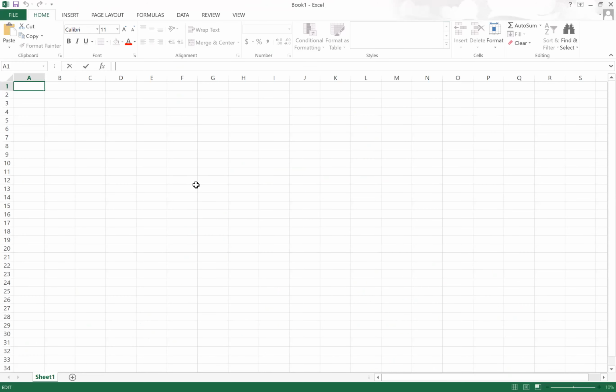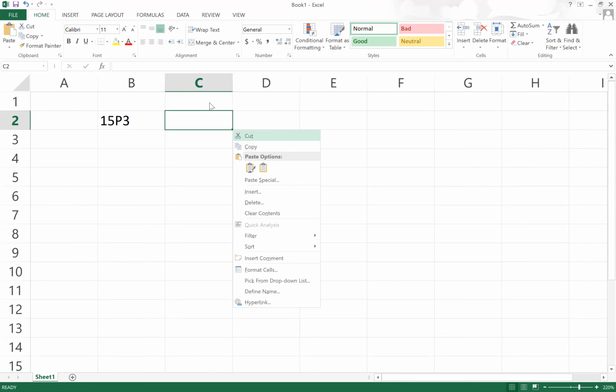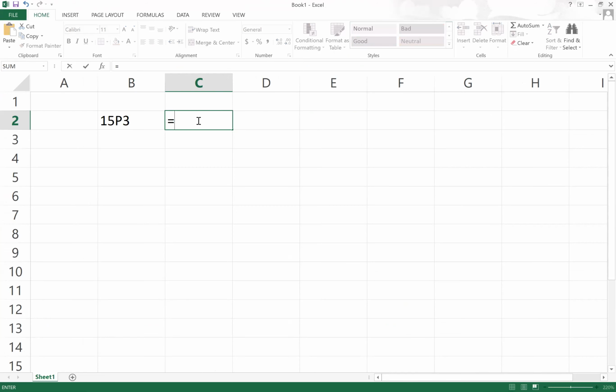Okay, so computation first. So we do 15P3, right? First. So it's a permutation. So you put an equal sign here and put PERMUT. And the total amount of numbers is 15, we're picking 3 numbers out of 15 and get 2,730, right?